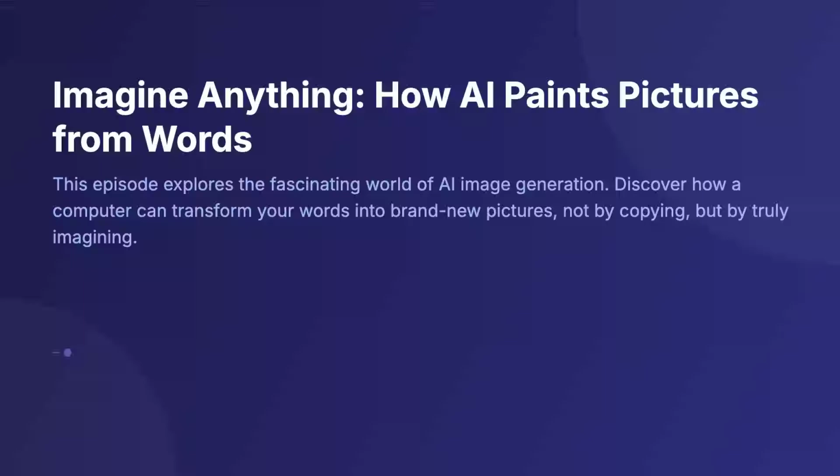Static? Like when you turn on a TV channel that's not broadcasting anything? Exactly that. Now the AI's job, guided by your words, is to gradually transform that static into the clear, coherent image you asked for. Imagine the AI has a magical eraser and a magical pencil.